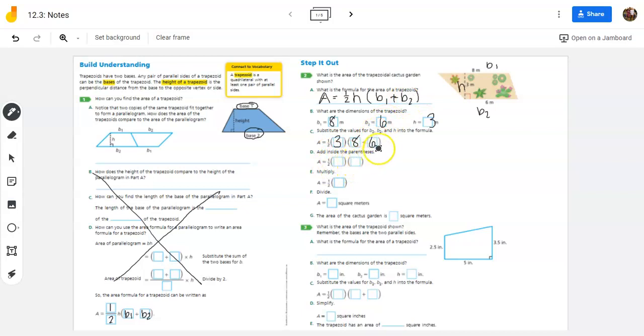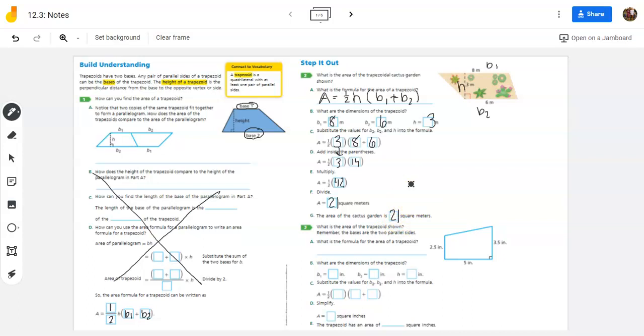First we're going to add the inside of the parentheses. 8 plus 6 is 14. And we're just going to drop this 3 down. Next thing we're going to multiply. 3 times 14 is 42. Remember, you can use your calculator to help you out here. And then 1/2 times 42, or half of 42, is 21. So the area of this cactus garden is 21 square meters, or meters squared.